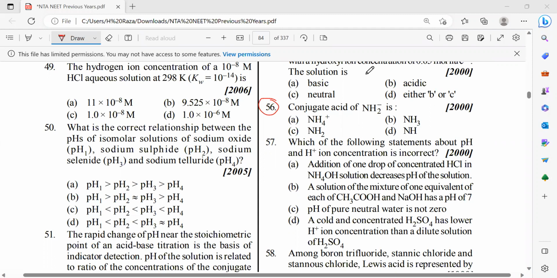So, the conjugate acid of NH2 minus. Very good. To make a conjugate acid, what you need to do is add H plus and you will be getting NH3. See, to get a conjugate acid, you need to add H plus. And to get a conjugate base, you need to remove H plus. So the answer will be B.